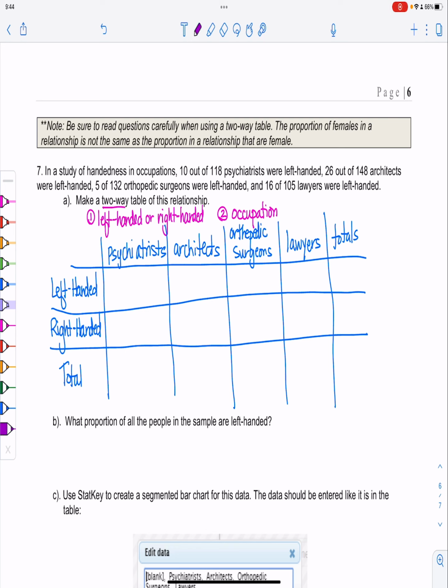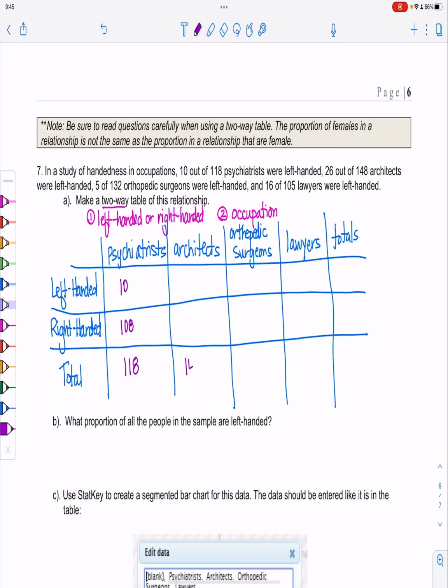Okay, so what do we know here? We know that 10 of 118 psychiatrists, so we've got a total of 118 psychiatrists, 10 of them are left-handed. So that means we must have 108 that are right-handed. And then 26 out of 148 architects are left-handed.